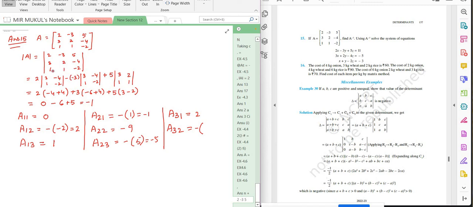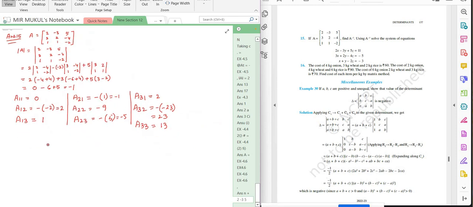So what are we getting? We are checking this now. Wait. A31 is found: 12 minus 10. Then for the minor, removing this and this, minus 8 minus 15, so it is 23. Then A33 will be positive. So here 4 plus 9, 13.